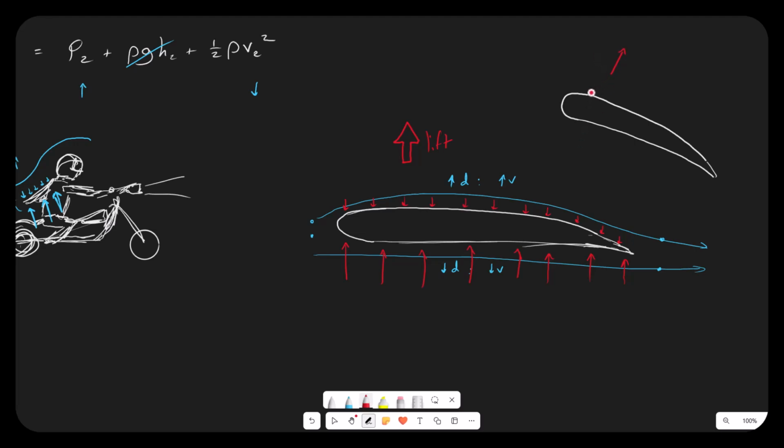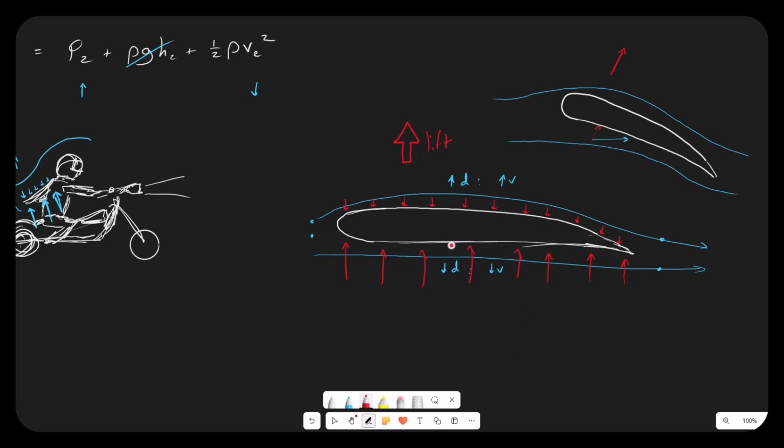I will do a separate video on lift and on the dynamics of airplane wings, but as this air travels over, we get a couple of different things, one of which is that this is also pushing against the wing. If it pushes against the wing and the wing is angled, that means we have some component of this that's pushing into the wing and helping to lift it up. So I'll do a separate video on that.